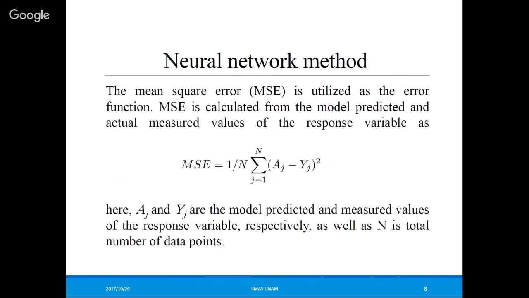The mean squared error, MSE, is utilized as the error function. MSE is calculated from the model prediction and actual measured value of the response variable with this formula. In this formula, Ŷj and Yj are the model's predicted and measured values of the response variable respectively, and N is the total number of data points.